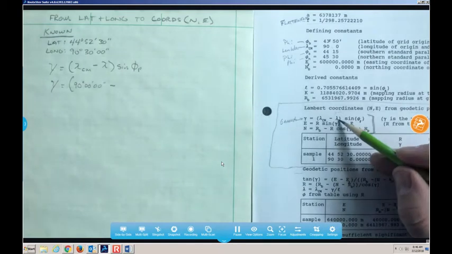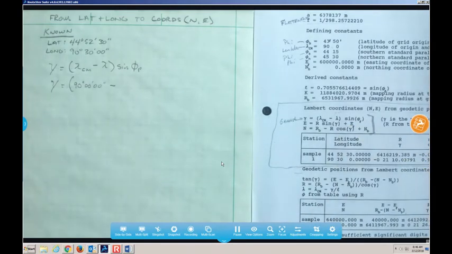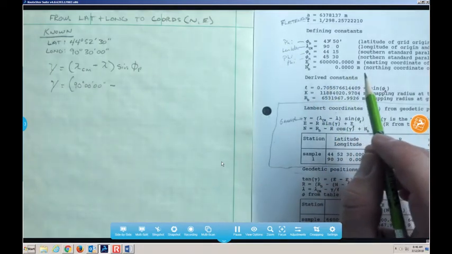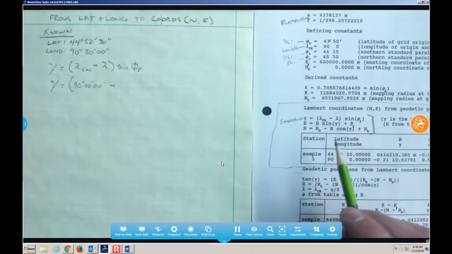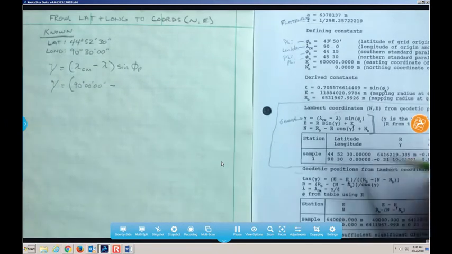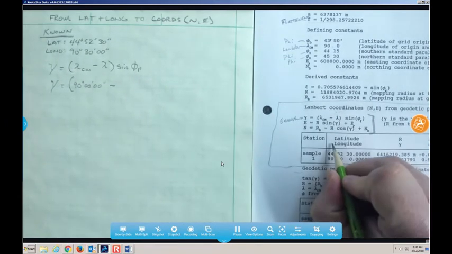The regular lambda on this sheet, why am I not seeing it? 90, 30. Oh, right here. This lambda right here. This is lambda.